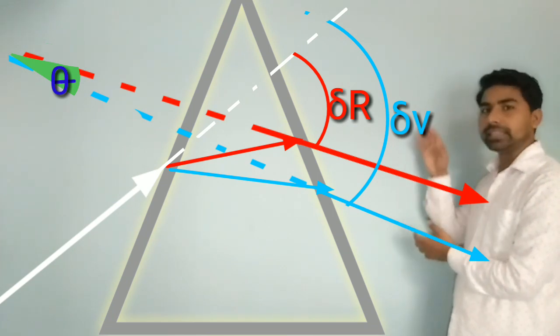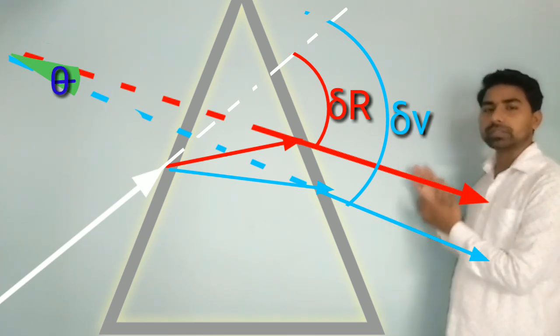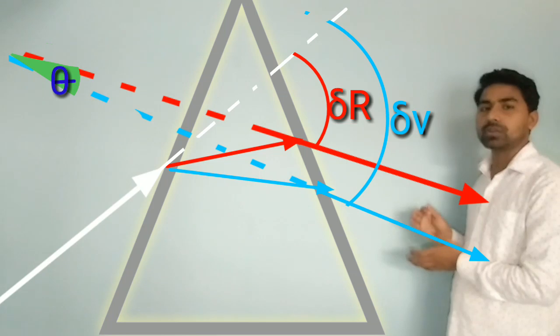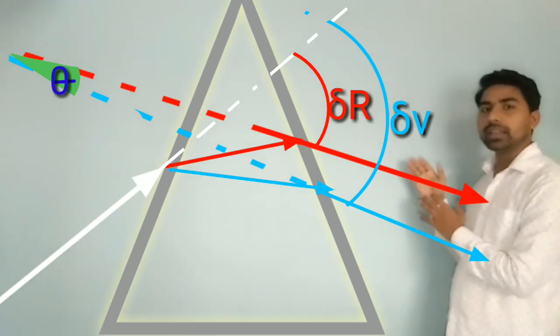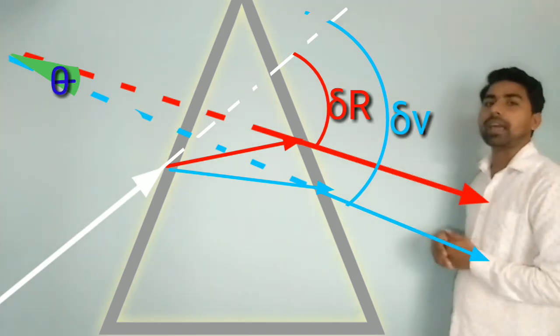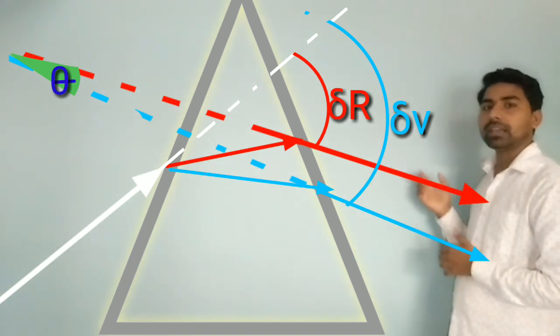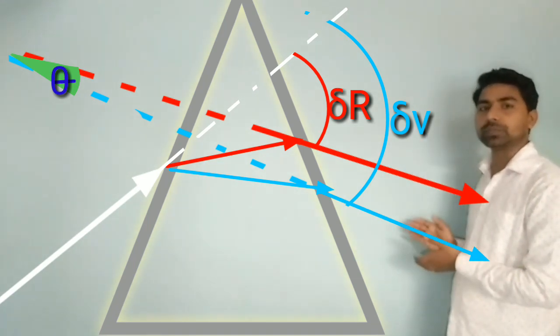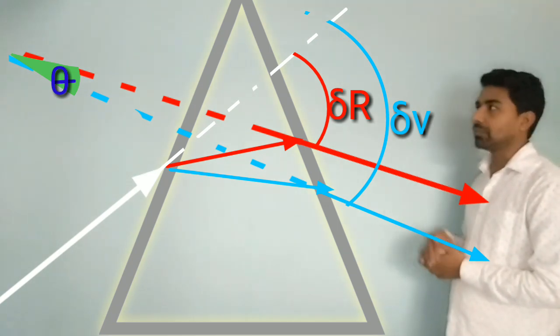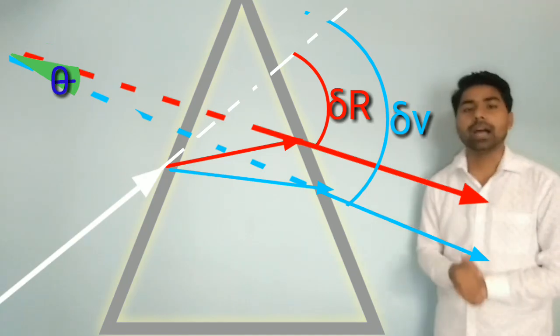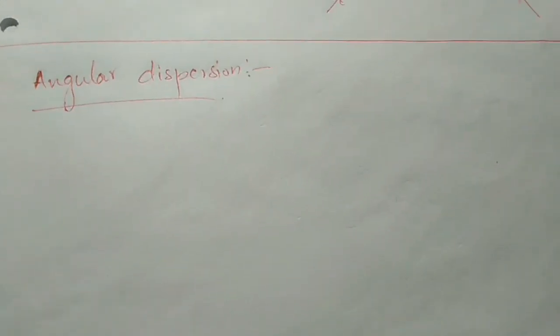So here the deviation is del R for the red and del V for the violet. We can take the difference of them to get the value of theta. So del V minus del R, which one is more? Del V, the deviation of the violet color, is more, so del V minus del R will be equal to the angle theta, the angular dispersion.